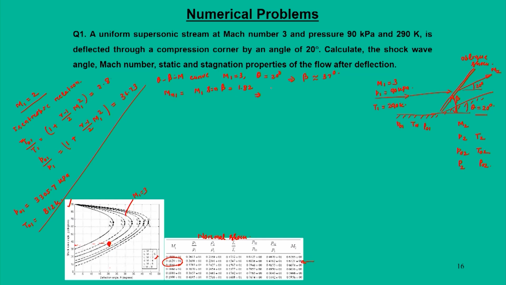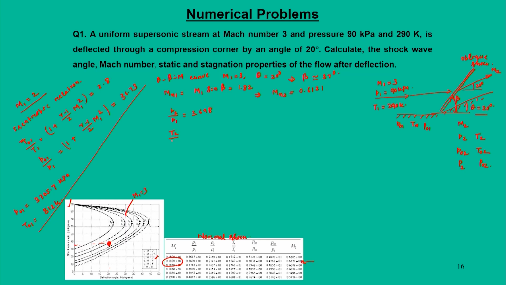This will give you Mn2 as 0.6121. Then P2 by P1 corresponding to that Mn1 is 3.698.